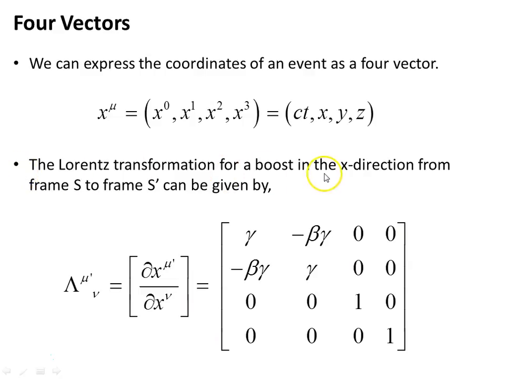The Lorentz transformation for a boost in the x direction from frame S to S prime can be given by this object here, which is capital Greek lambda, with superscript mu prime and subscript mu, or in the compact form of writing the matrix like this, dx mu prime over dx mu is the Lorentz transformation here. Now this is a mixed tensor of rank 2 because it has 2 indices, mixed because it has a contravariant index, the upper one, and a covariant index, the lower one.